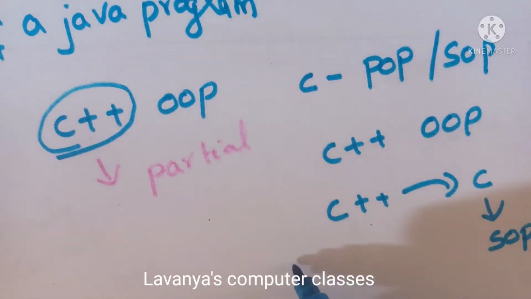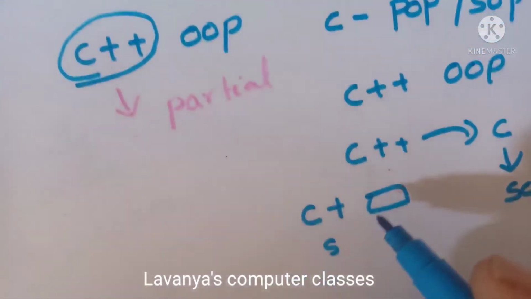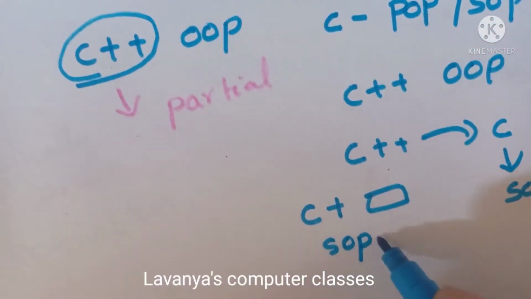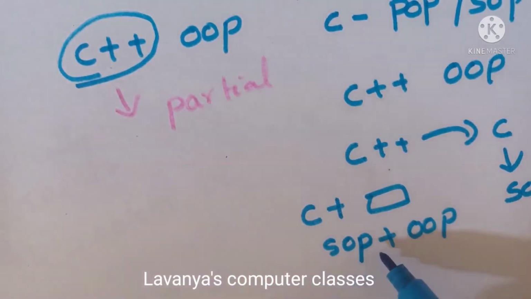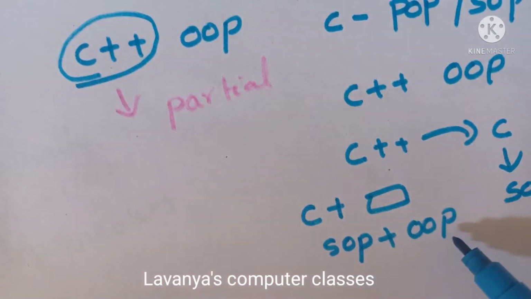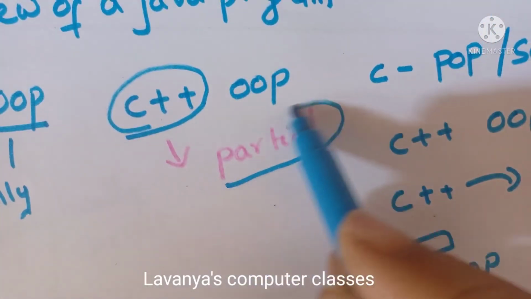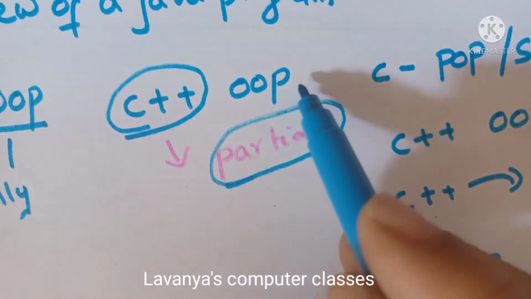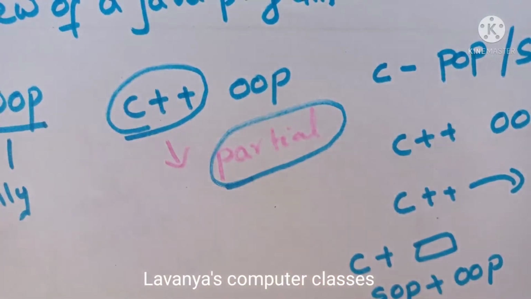So that means C++ is the combination of C plus extra. It contains the properties of SOP as well as OOP: some are structured oriented programming concepts and some are object oriented programming concepts. That's why C++ is called a partial object oriented programming language. It is not a totally full object oriented programming language.